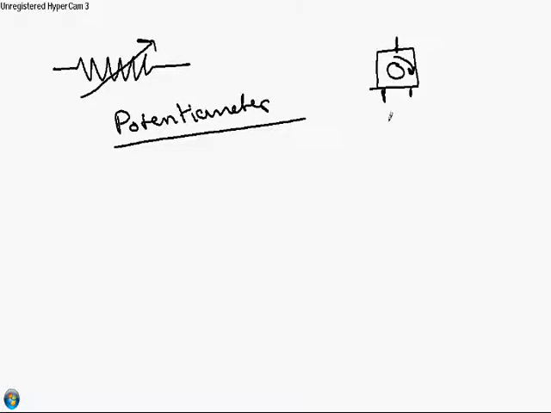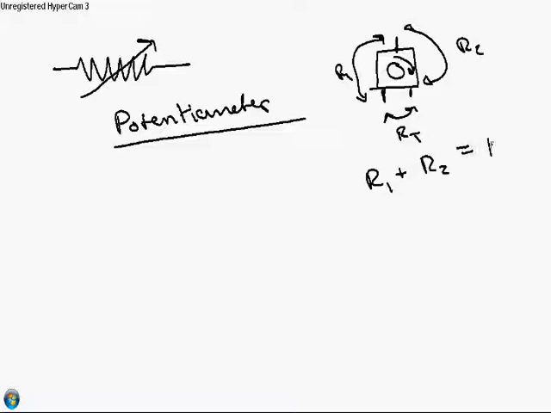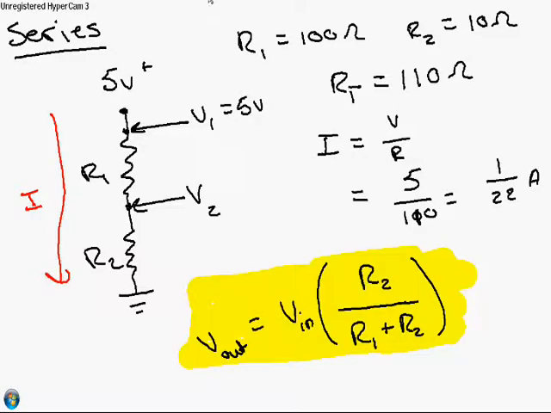So between these two pins is your R total. Between these two pins, here's R2, here's R1. And R1 plus R2 equals RT. Now wait, doesn't that look like this?